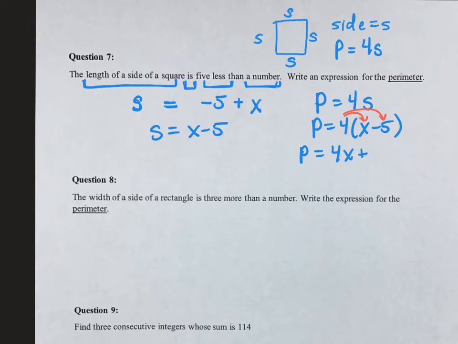Let me fix that. But anyways, perimeter equals 4X. Positive 4 times negative 5 is negative 20. So that is our formula for perimeter.